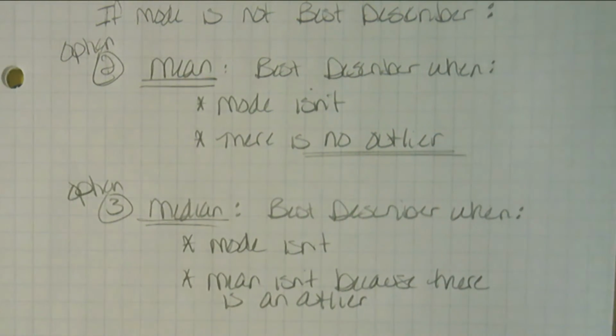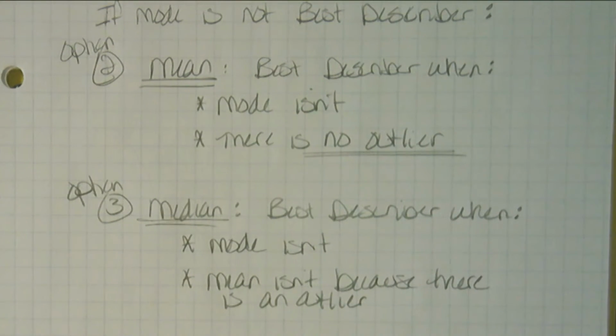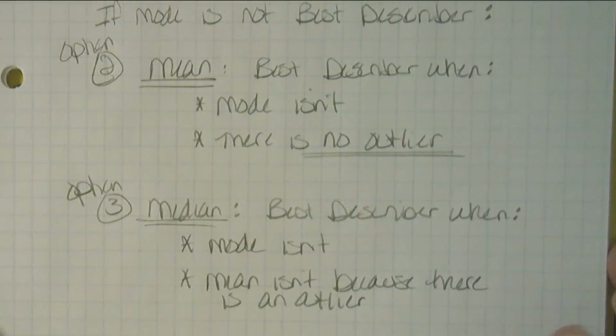All right, so I'm going to give you a list of data. I'm not asking you to find the mean. I'm not asking you to find the median. They may ask you to do that. I just want you from this list to tell me what you think is your best describer. Who needs to see what's up there?